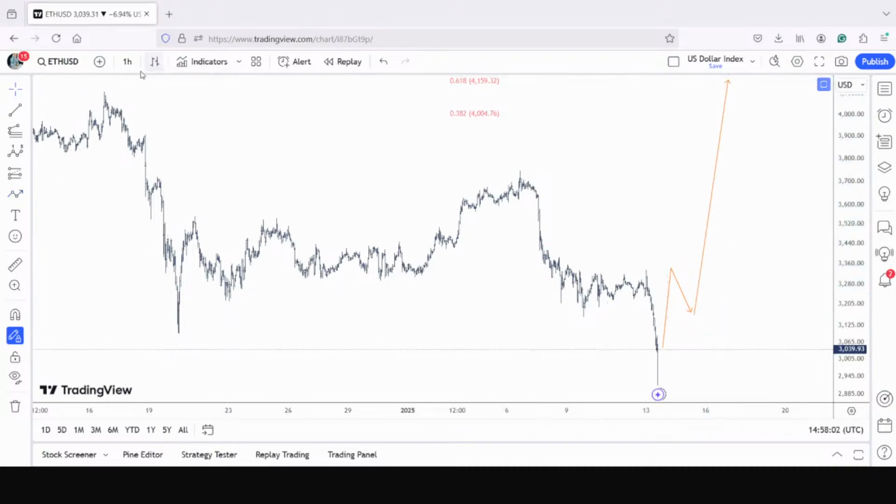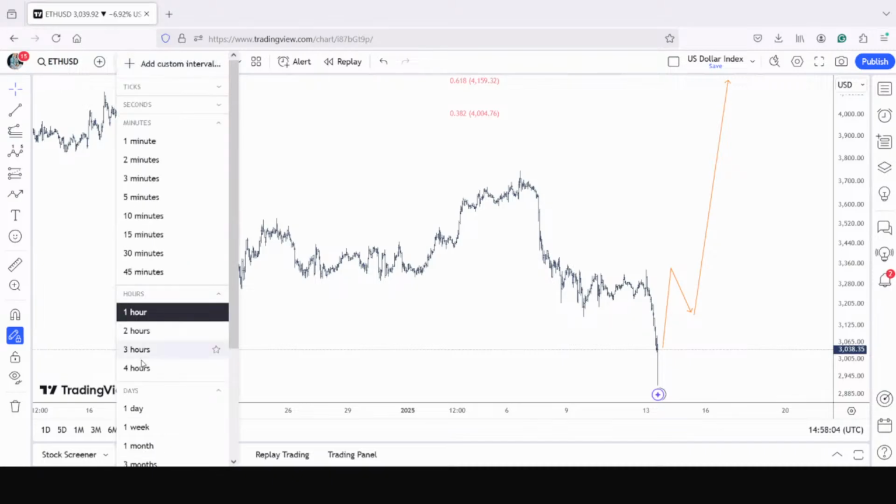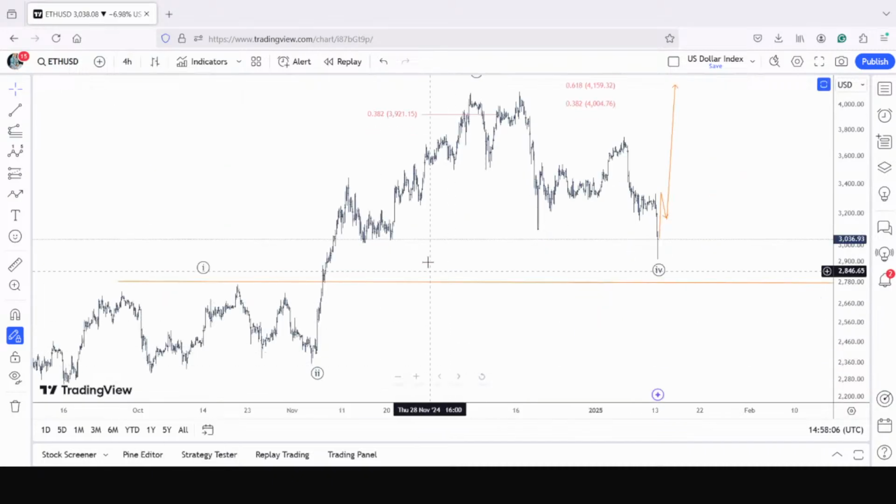We still want to give one more chance until that orange line or the 2700 mark remains intact, because a break below that would certainly confirm that this is not a corrective wave or a wave 4 in the making, but something else happening.